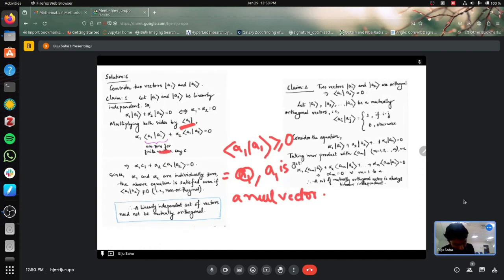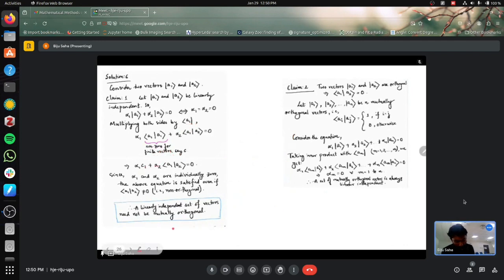This is actually a scalar, a non-zero finite value, so we wrote it as C1. We replace it with C1, and then this condition brought us to this.